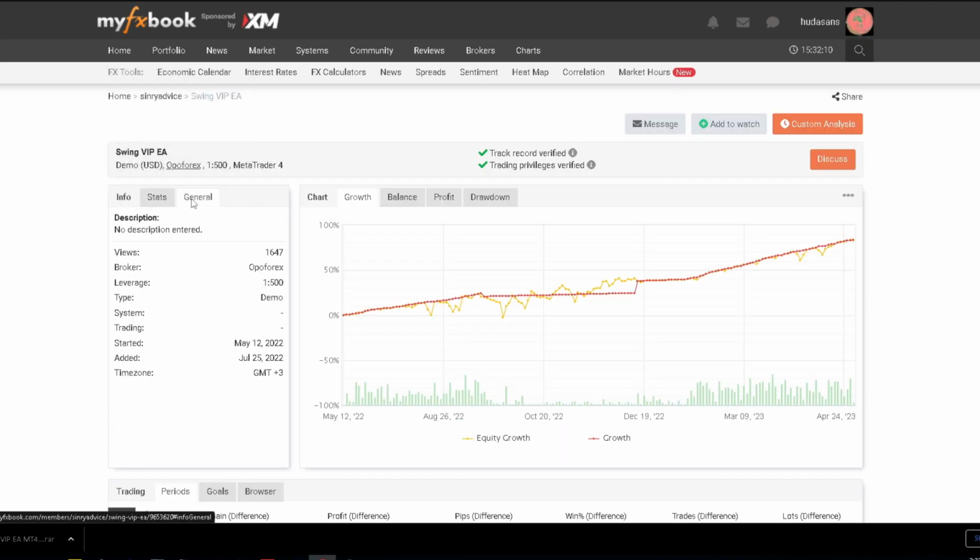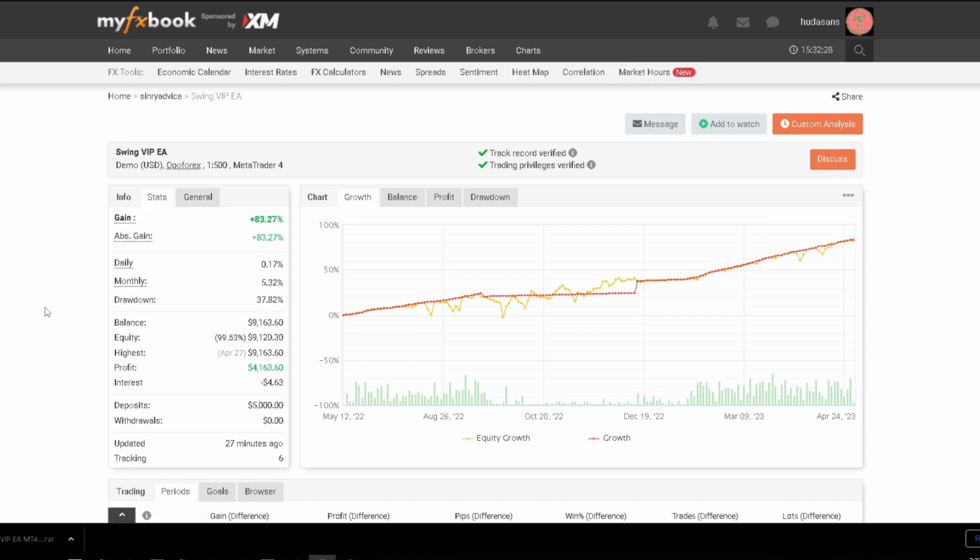The second is Forex trading using Swing VIP from May 12, 2022 until this month in April 2023. Deposits used $5,000. Profit $4,163 USD. Drawdown 37.82%. Estimated profit of 5.32%.